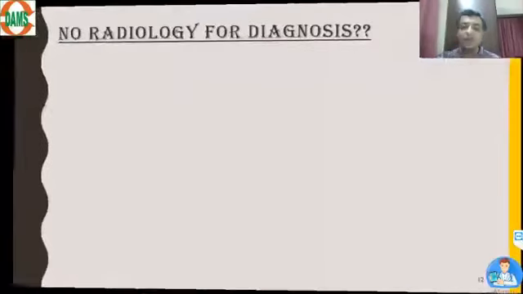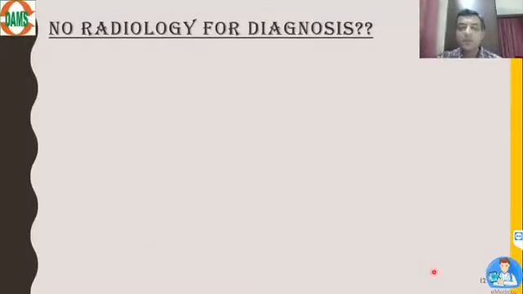Let us take it forward. But what is the big point here? No radiology for diagnosis. I want you to note in your notes that in the new EULAR score, there is no place for radiology.